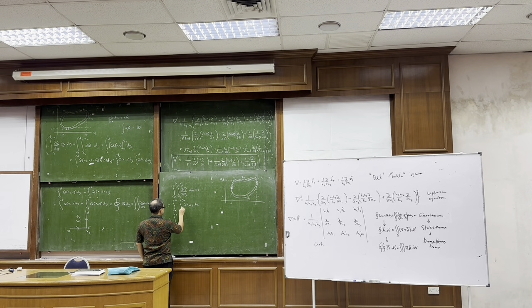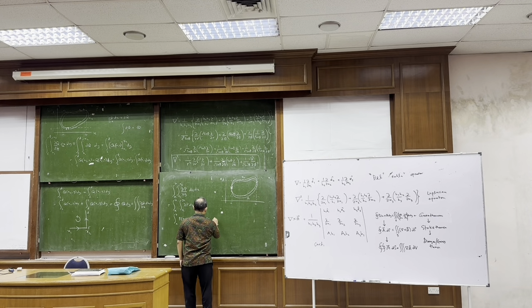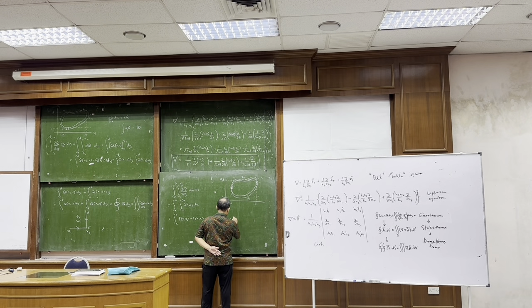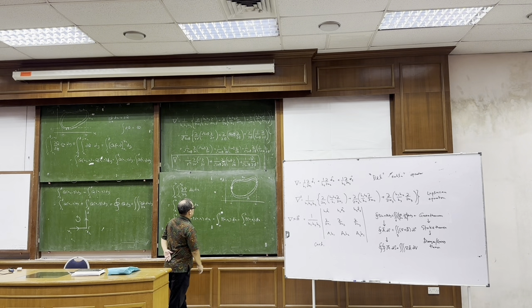A to B, and then this is P x y2 minus P x y1, and then you have dx. Okay. So you can separate them. A, B, P x y2 dx minus A, B, P x y1 dx.